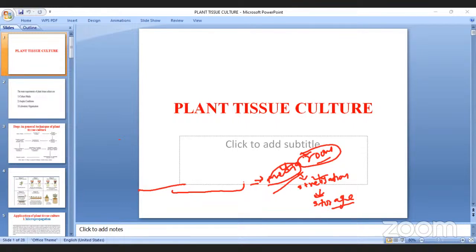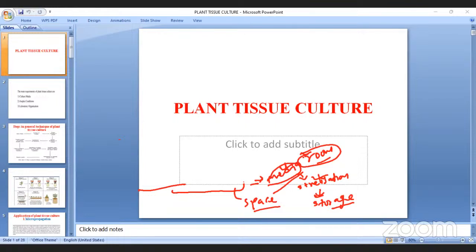The lab also has enough space for culturing plants, and culture rooms or incubators where conditions of temperature, humidity, and light can be maintained. These are taken into consideration to maintain a proper lab.